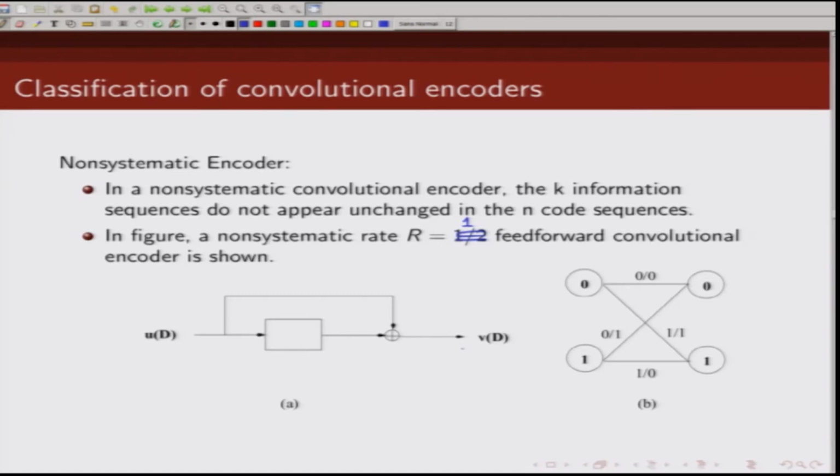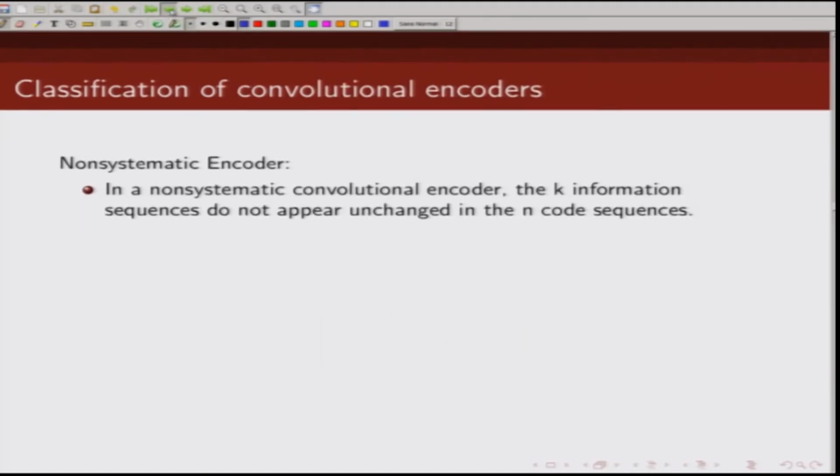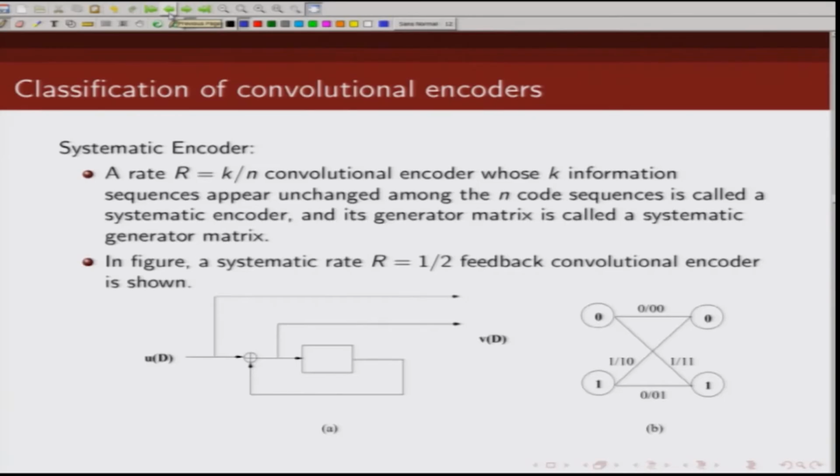You can see there is no feedback from the output to the input side. The output bit is given by the current input bit and this past input bit. So, you cannot directly take out the information bits from this coded bit. So, this is an example of a non-systematic encoder.